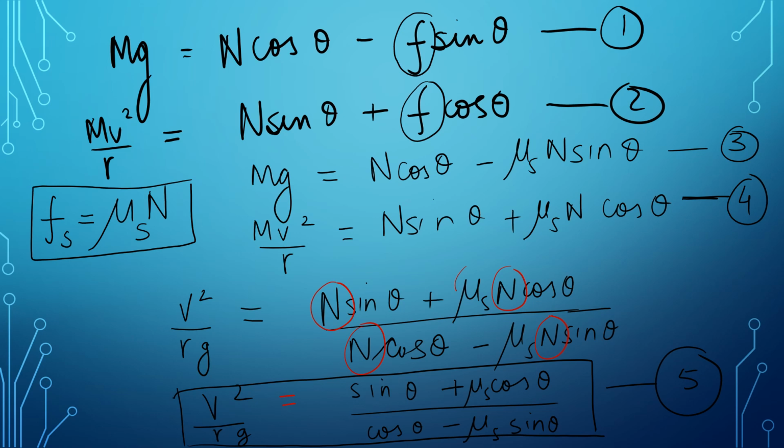Then we split the forces into horizontal and vertical components, and worked out the equations to get the formula involving the speed of the vehicle moving on the banked road. So you can use equation number 5 to find this v for the vehicle.